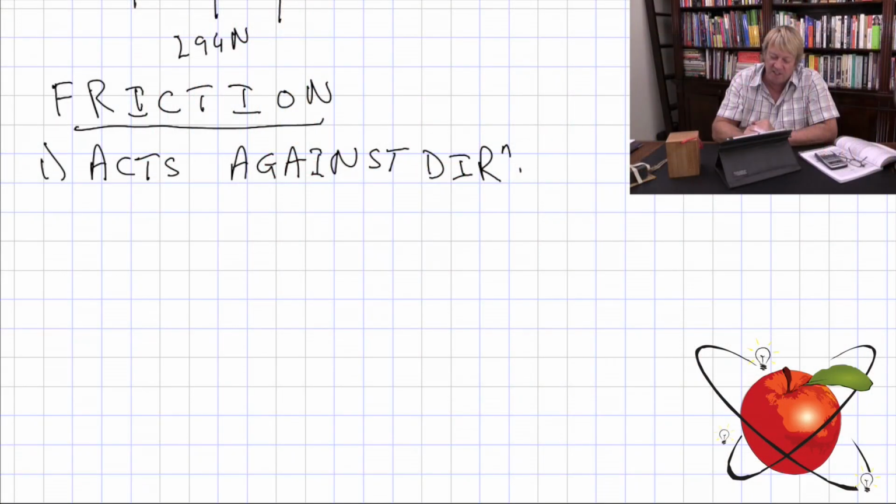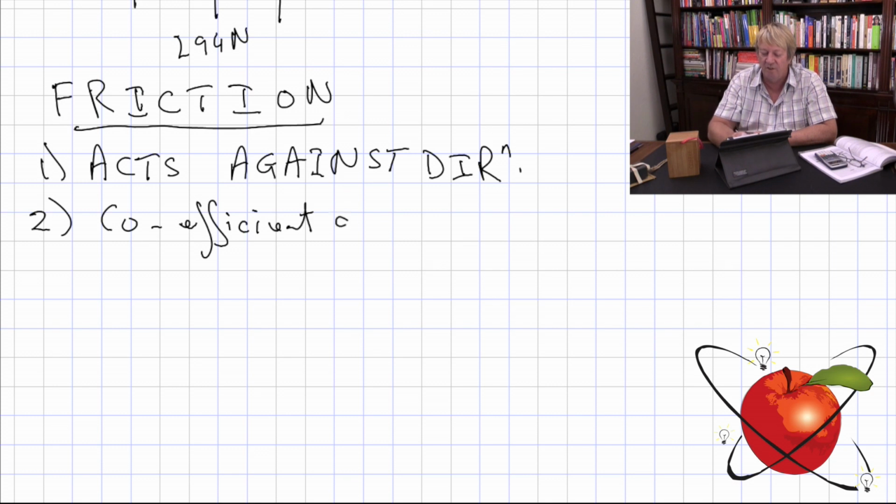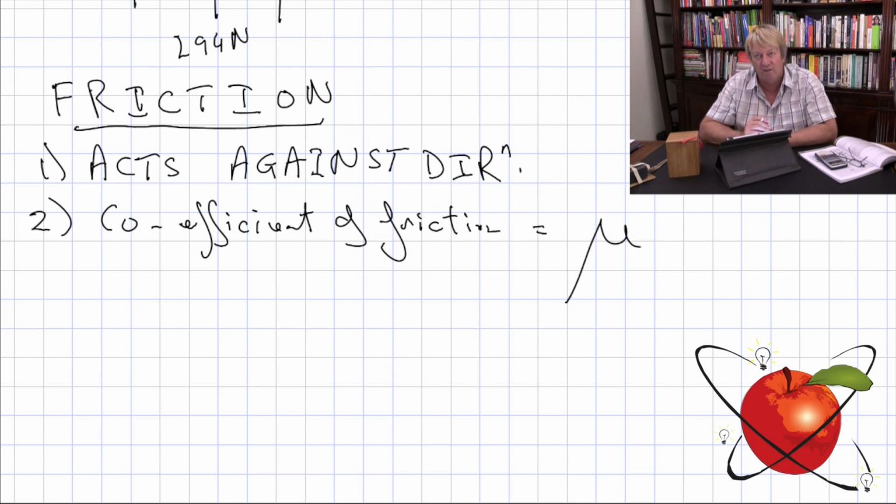And what do we measure it with? In physics, it's called the coefficient of friction. And it's given a type, mu. That's what we call it, a Greek letter mu. A lot of the stuff in physics is Greek because the Greeks were involved in a lot of it.